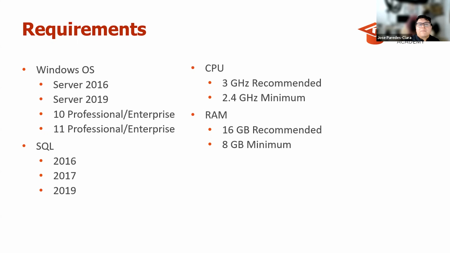We have customers that are at 2.5 terabytes of data already, and they've been using Vault for over a decade and longer than that. So obviously as the Vault gets bigger, the server requirements increase with that as well to make sure that performance stays consistent.